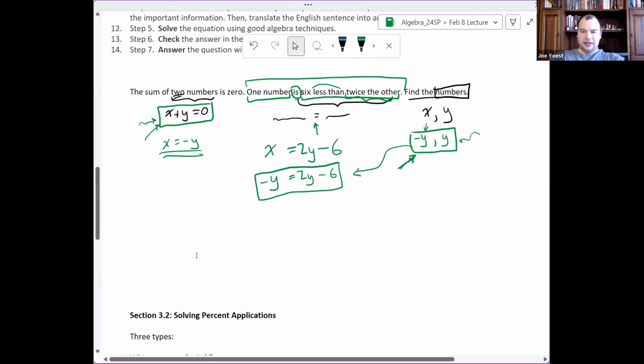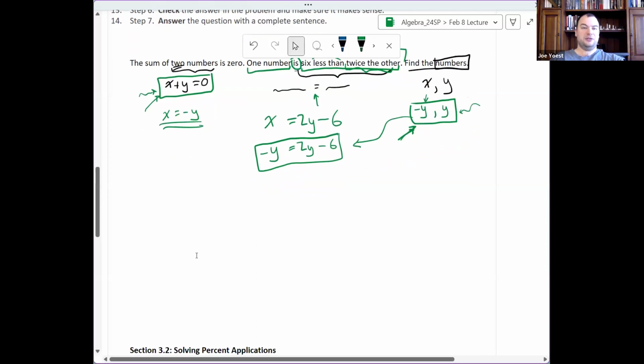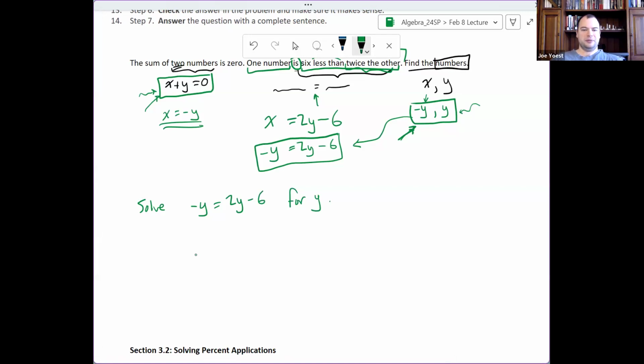At this point, I can in a sense forget about the word problem. I can just say solve this for the variable y. And again, that bookkeeping is important. It's easy to forget a negative, especially when that negative is at the beginning of a statement like this. So we just want to make sure that we get everything copied down correctly. I want to isolate the variable term.